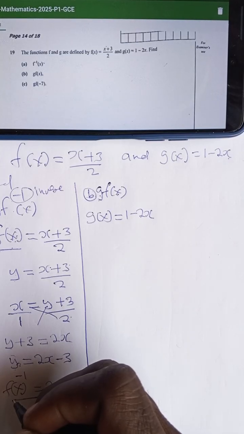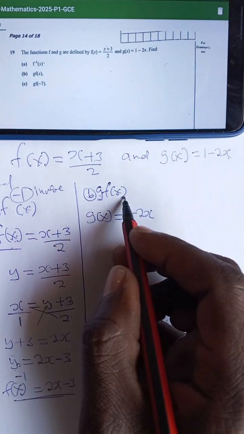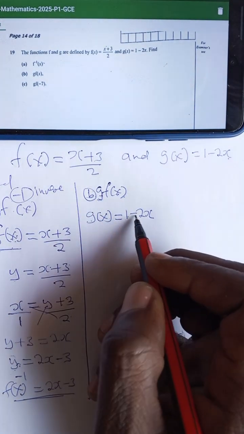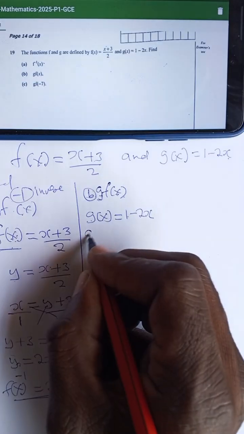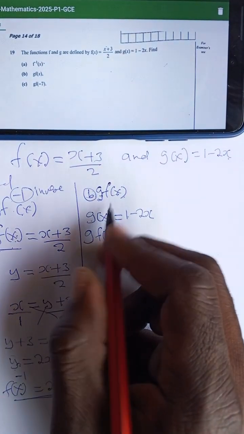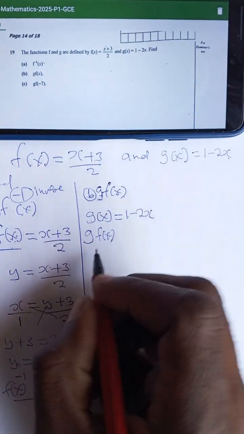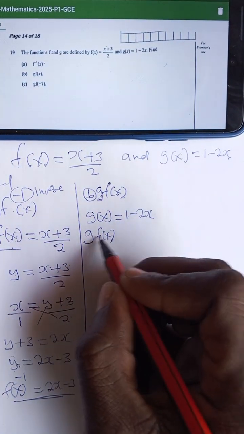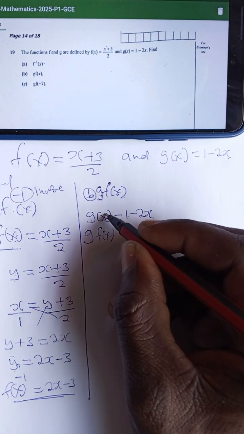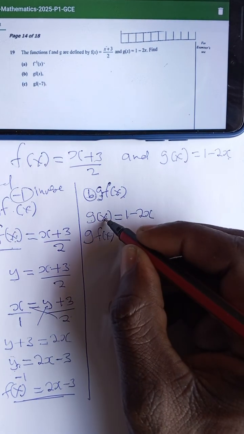Now, how do you work out this one? First, we copy the function of g: g of x is equal to 1 minus 2x. Then we copy gf of x. Meaning, where there's x in this function, we are going to replace it with f of x.